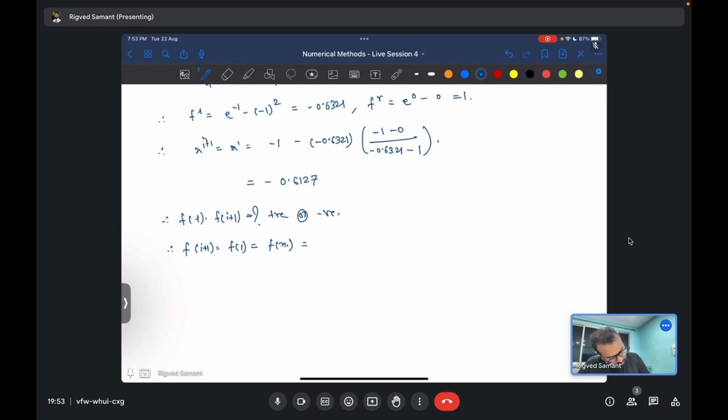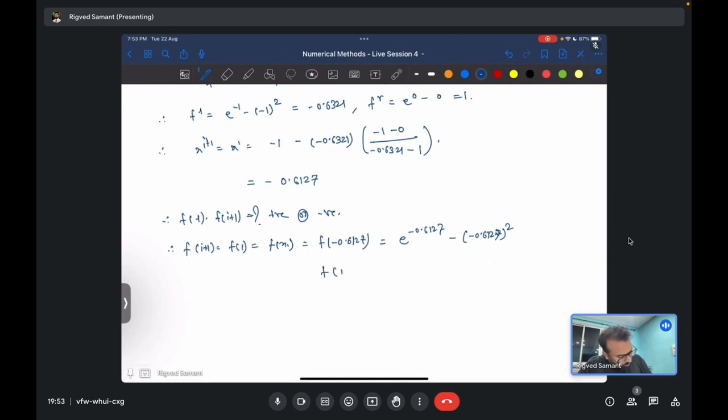So f of minus 0.6127, e raised to minus 0.6127 minus 0.6127 squared.